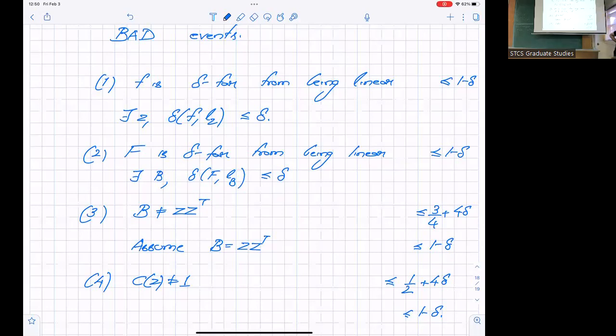Those are the 4 events. If f was delta far from being linear, the test would have accepted with probability at most 1 minus delta. This already violates the hypothesis.